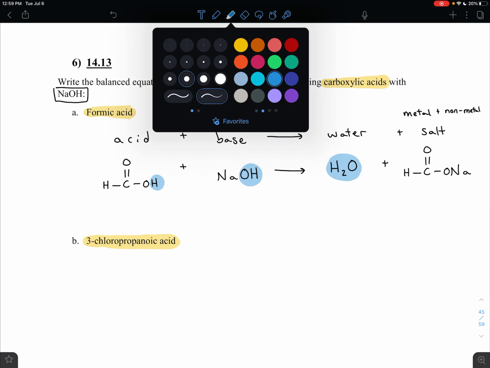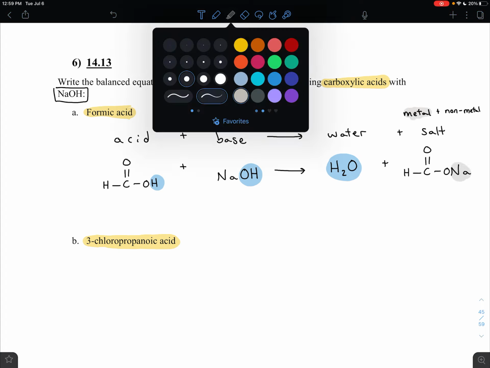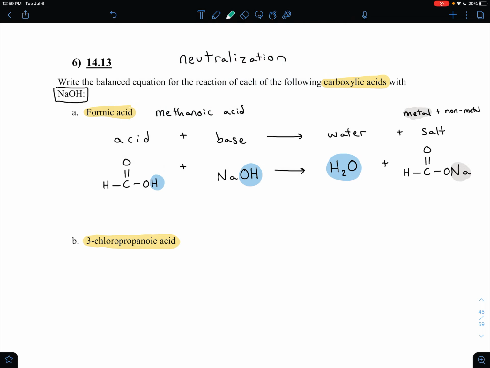Notice you have your metal, sodium, and you have a nonmetal, which is this oxygen that it's bonded to. And so the oxygen is so much more electronegative than the sodium. It gets a negative charge, the sodium gets a positive charge, and they stick together because of those opposite charges. They're an ionic compound, if you remember from chapter 6. And you don't have to draw those charges in, that's just what's making these stick together.